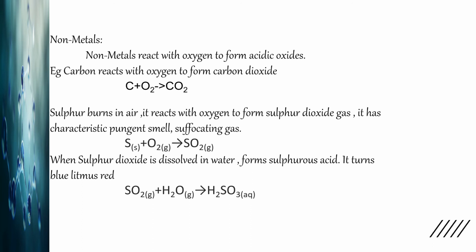Now when these gases come in contact with the rain, they get dissolved in water to form their acids. Carbon dioxide is going to form carbonic acid, nitrogen dioxide is going to form nitrous acid and sulfur dioxide is going to form sulfurous acid. These acids come down along with the rain and we call it acid rain.